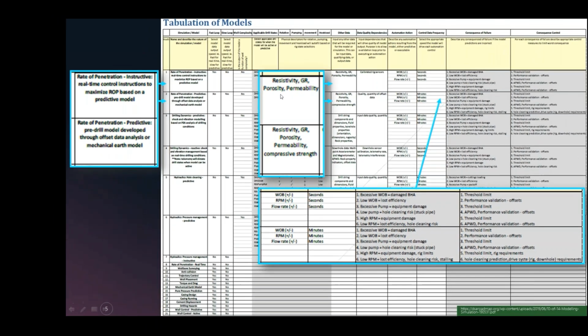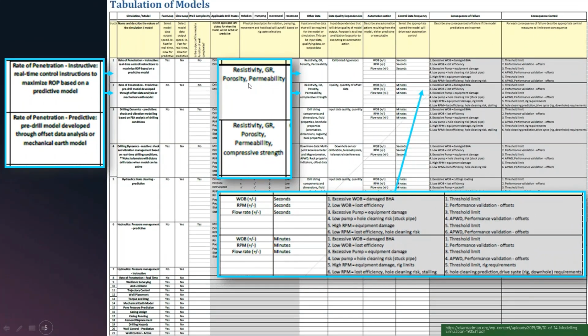Perhaps intuitively, some of the key drivers for ROP optimization are your rig state and the condition of your equipment, but it's also driven by attributes like resistivity, porosity, gamma, compressive strength. In other words, it's the full closed loop modeling between the feedback and response systems in the rig and drill string and BHA, coupled with the dynamic earth properties.